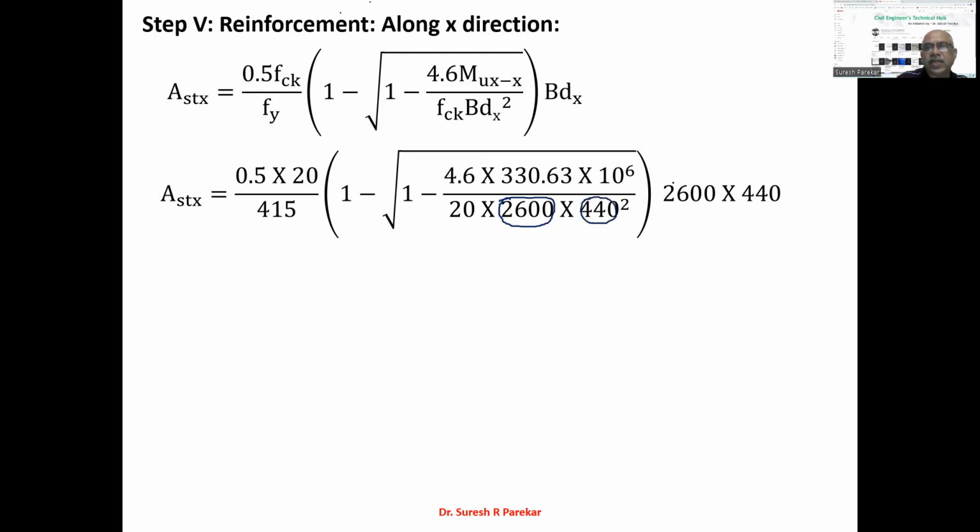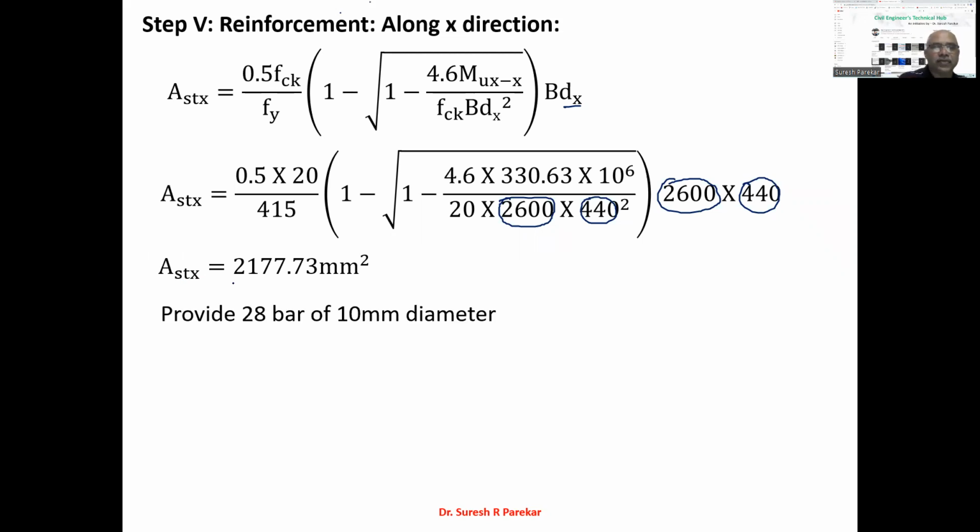Here we have changed. Then B we have 2600, and dx. B into dx we have, and the value of AstX. You can see very close values of AstX, and we have to provide again 28 bars.